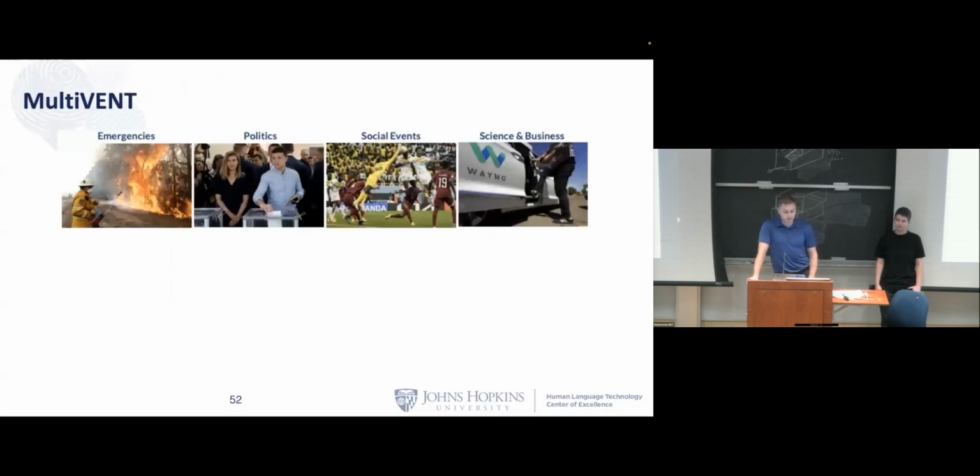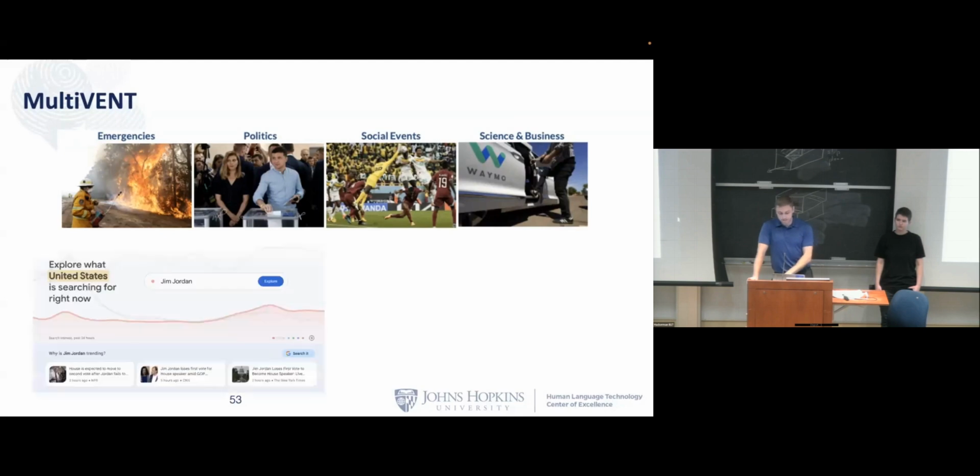So to do this, we first wanted to find our event-centric needles. This was a paper that Kate was first author on, and we submitted to NeurIPS last year. It was about 2,400 videos, about 260 events that are covering a variety of video types, so emergencies, political developments, elections, social events like festivals and sporting events, and scientific and technological discoveries.